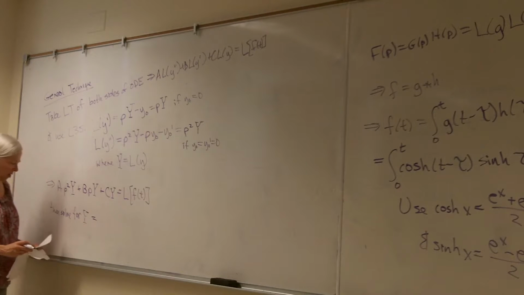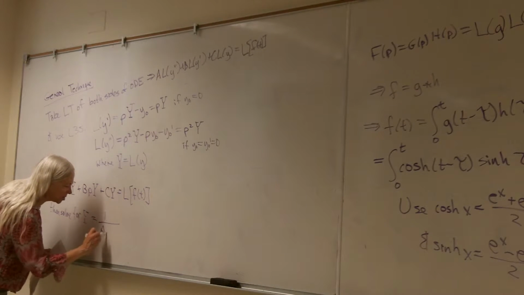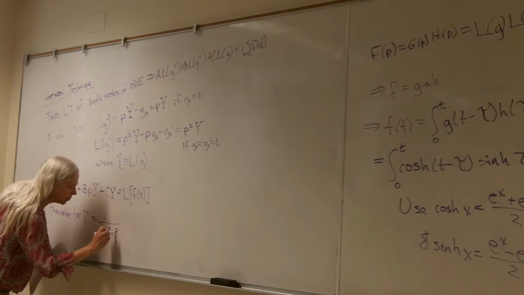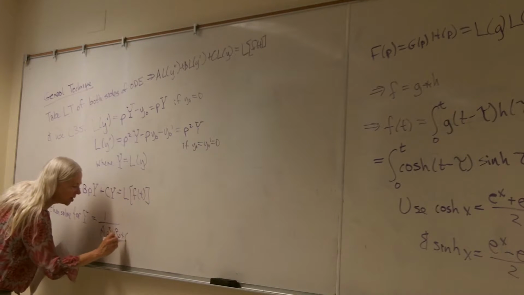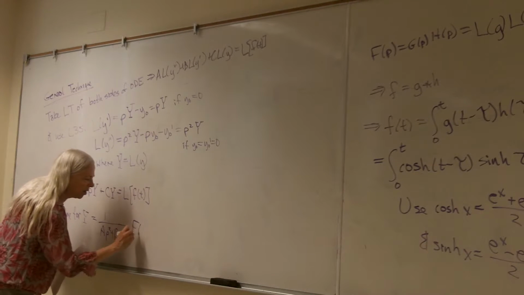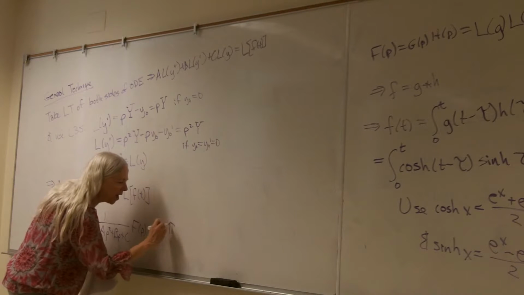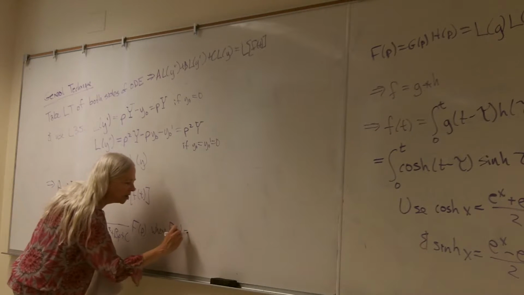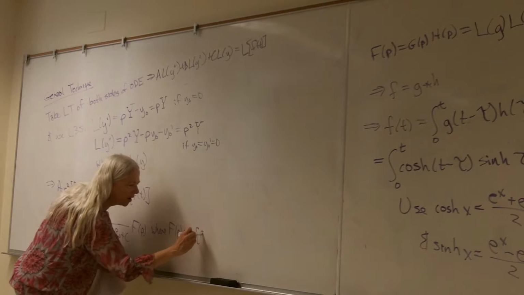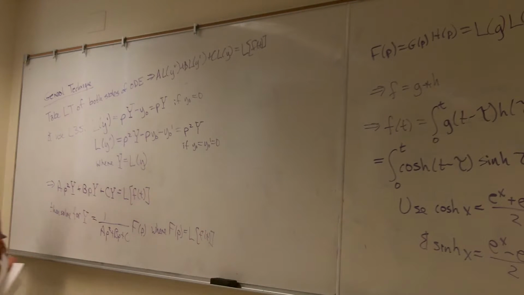In other words, capital Y will be 1 over (A p squared plus b p plus c) times capital F of p, where capital F of p denotes the Laplace transform of little f of t. Okay, so this is your F of p right there.